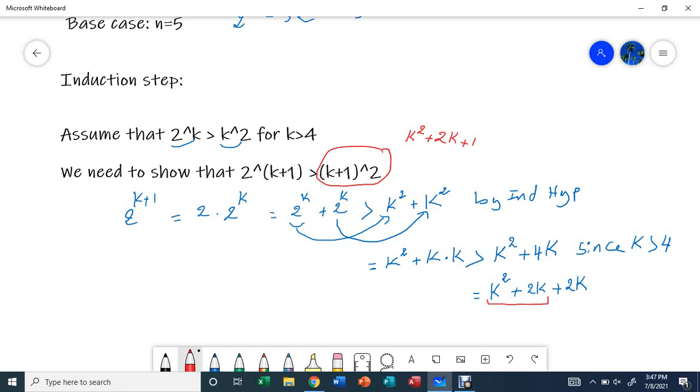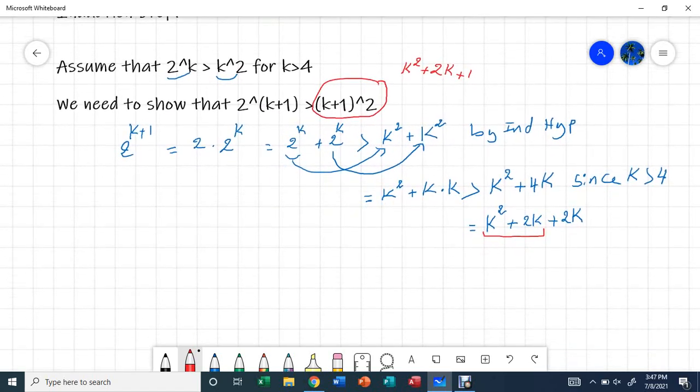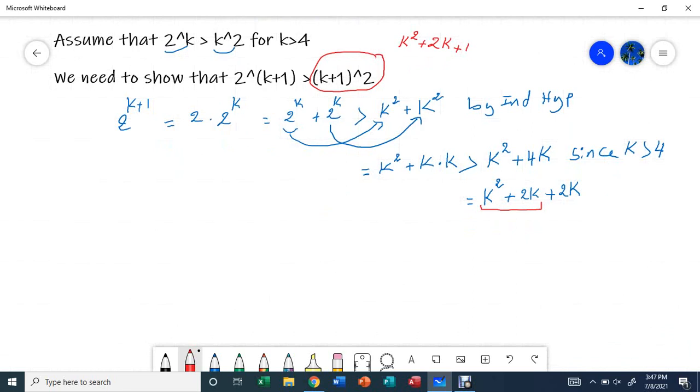Remember, k is greater than 4. That means k is greater than 4 follows that 2k is greater than 8. And 8, of course, is greater than 1.